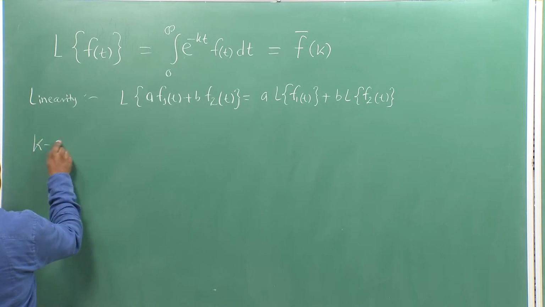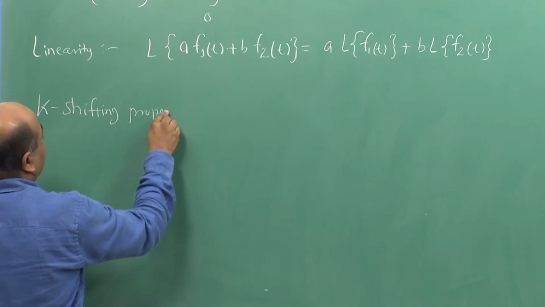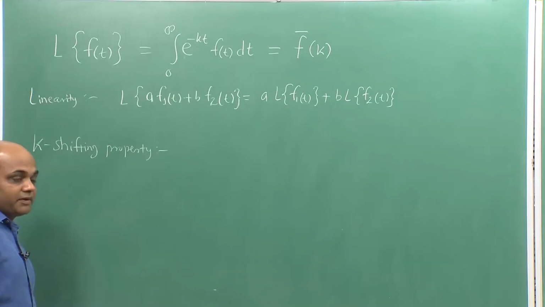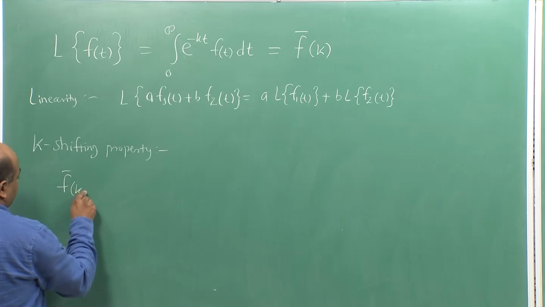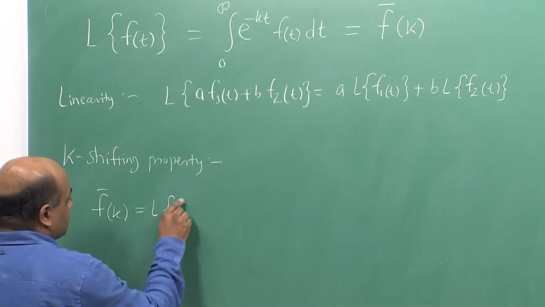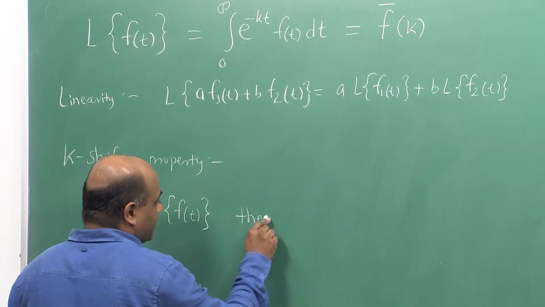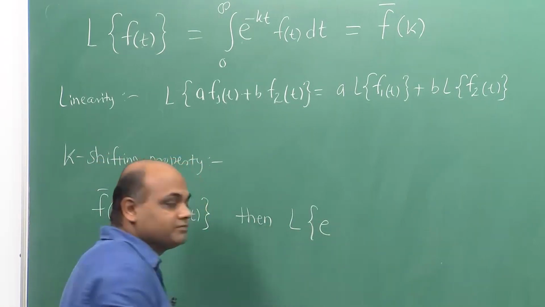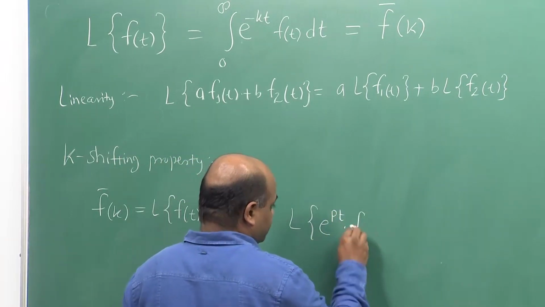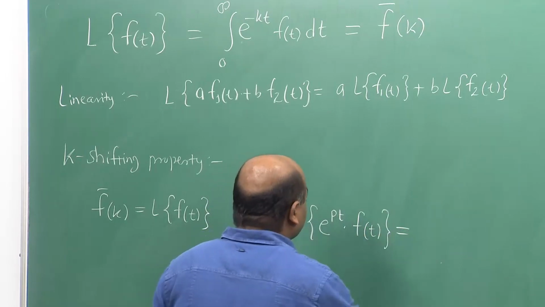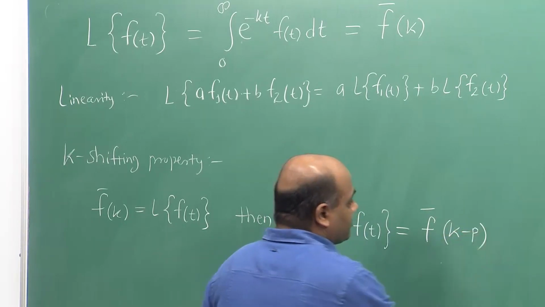The second property, which is called the k shifting property, essentially says that if f bar of k is the Laplace transform of some function f of t, then the Laplace transform of the product of f of t with e to power p t is f bar of k minus p.